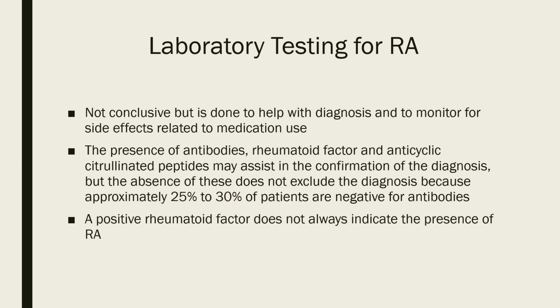But the absence of these does not exclude the diagnosis because approximately 20 to 30% of patients will be negative for these antibodies. So the doctor will just use this as a guiding factor. Also, a positive rheumatoid factor does not always indicate the presence of RA.